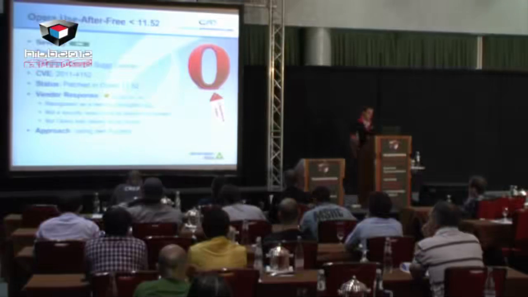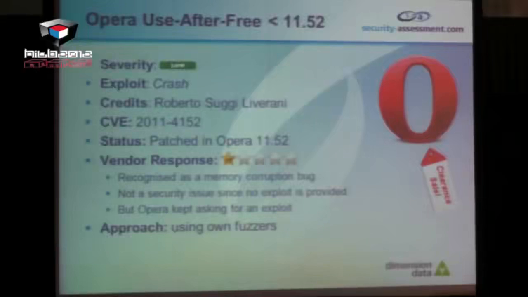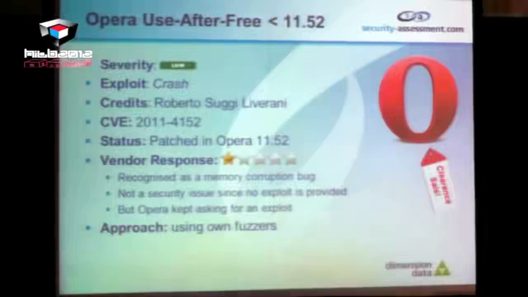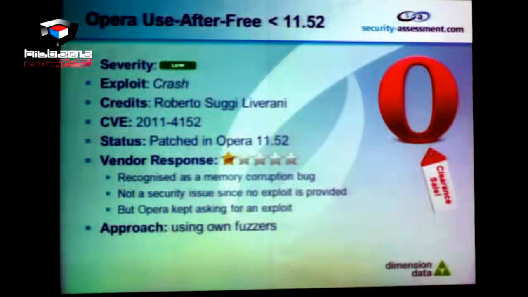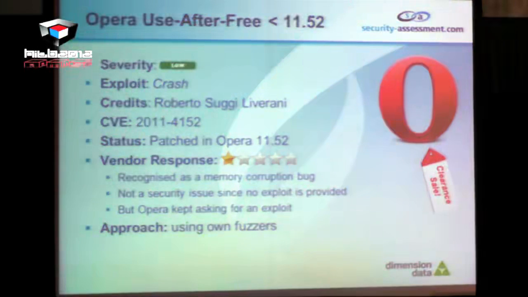Okay, another one, Opera use after free. This is low severity. It's a memory corruption bug, and it's a clearance because I couldn't find the exploit. And vendor response is 1 out of 5. It's quite interesting because I sent the report to Opera and they said, okay, thank you, but this is not a security issue because you're not providing the exploit.